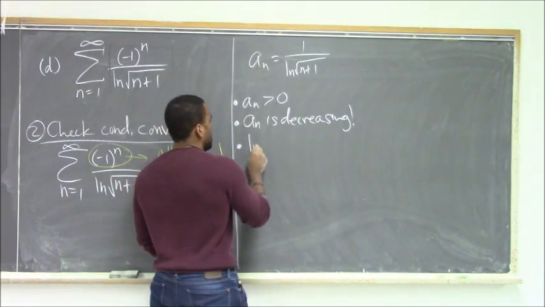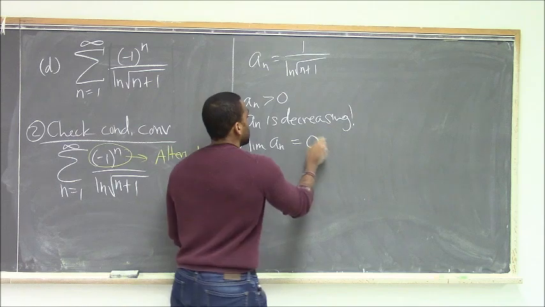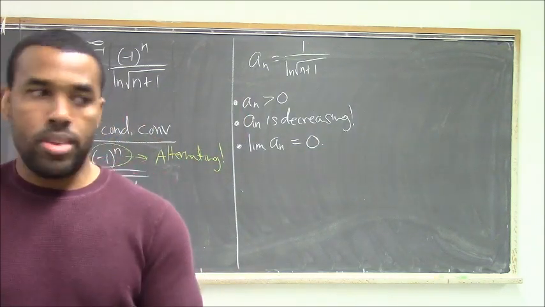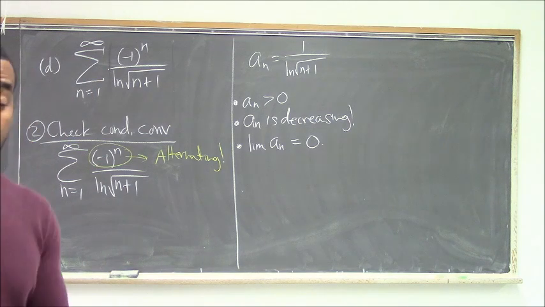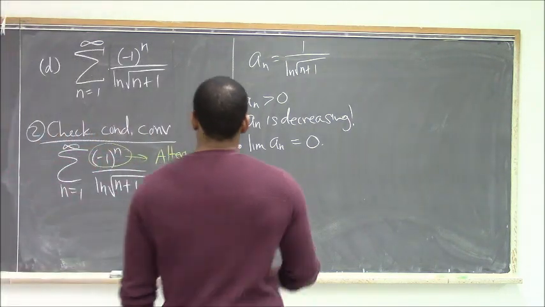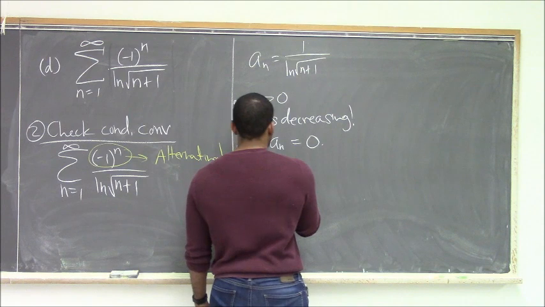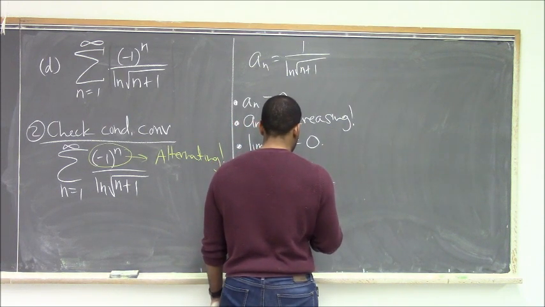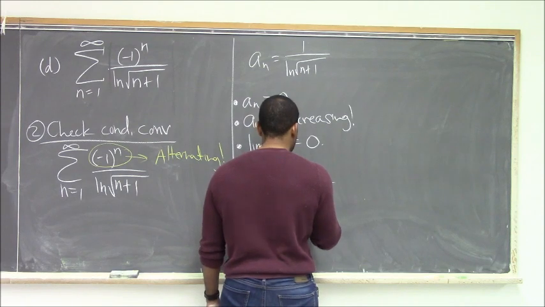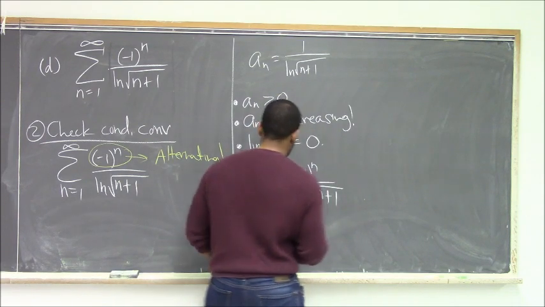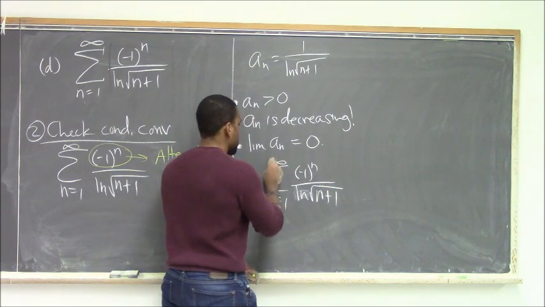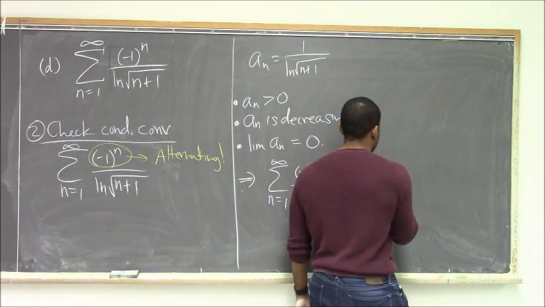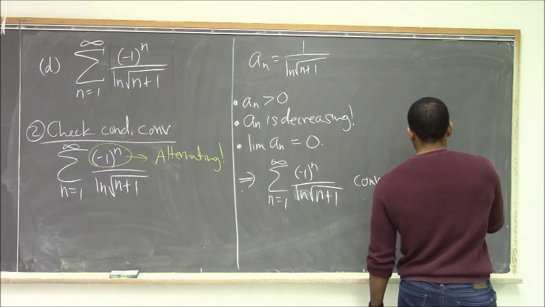And the limit of an equals 0. Again, pretty obvious. You don't have to prove that, but you do have to state it so I know you thought about it. And so that means this series converges conditionally.